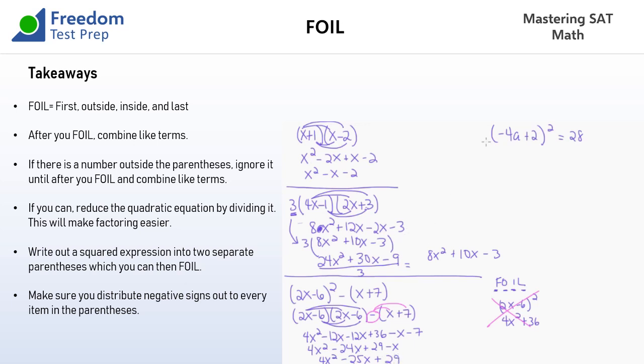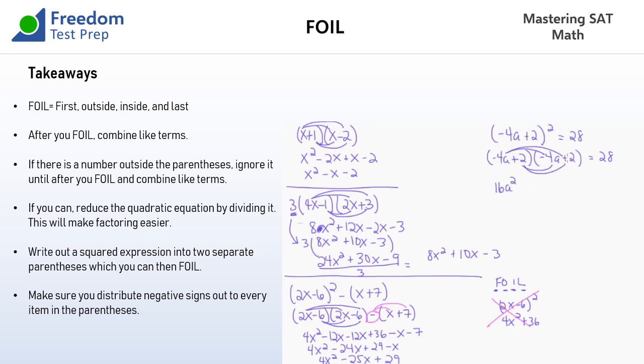Okay, let's do one more. And again, here, remember, we're not going to just square this item and that item. We're going to write it out like good math students in our 2 parentheses format, equals 28. Always make sure you write out the rest of the equation. And we FOIL. Okay, so negative 4a times negative 4a is positive 16a squared.